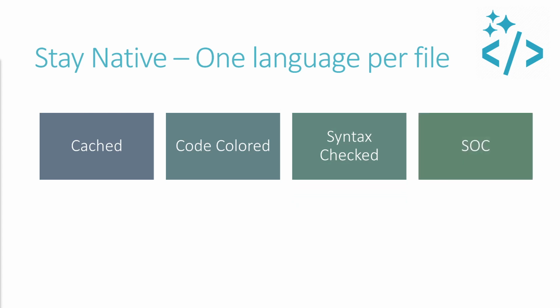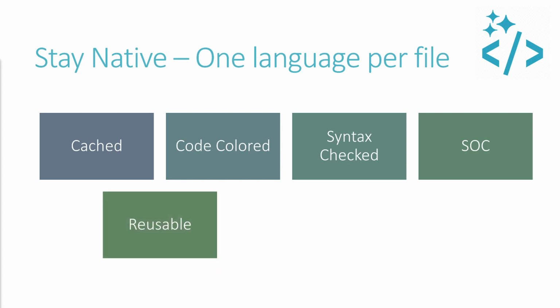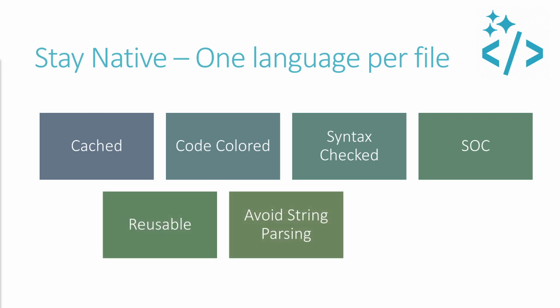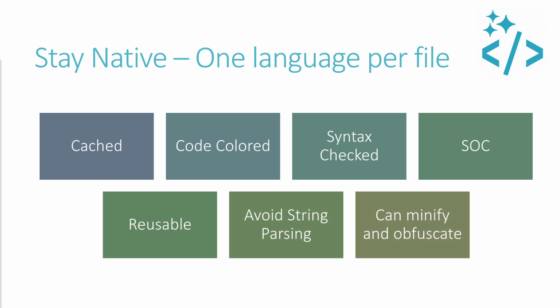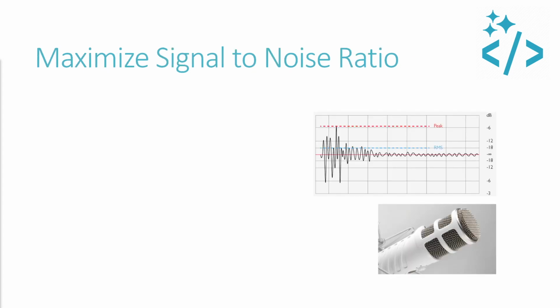We have the separation of concerns, so things which are related are in the same files. Reusable code is in different files, and we avoid string parsing, which sometimes causes errors. And of course, CSS and JavaScript files can be minified by different technologies, giving faster load times.